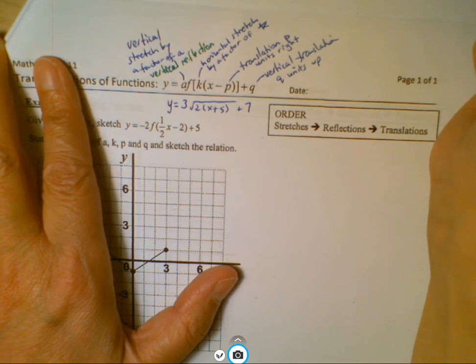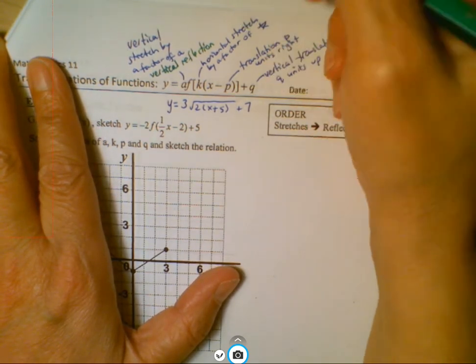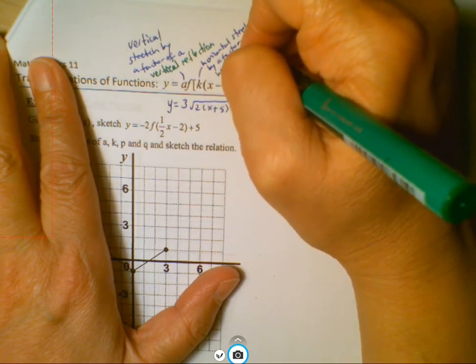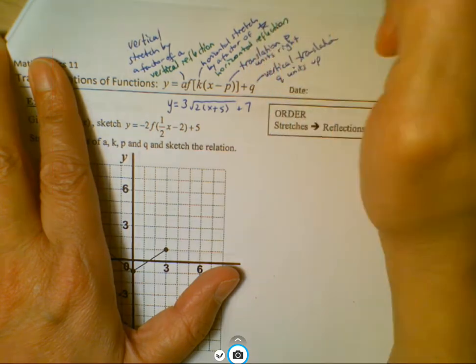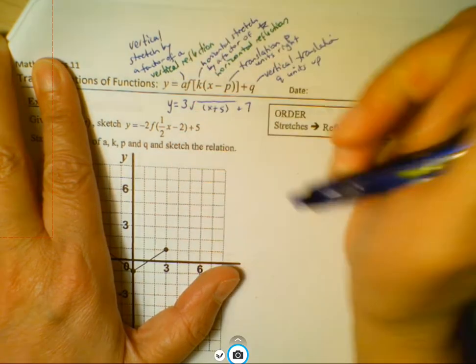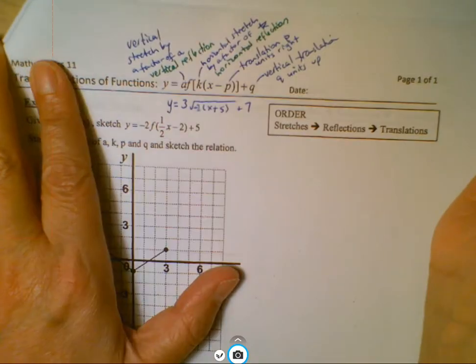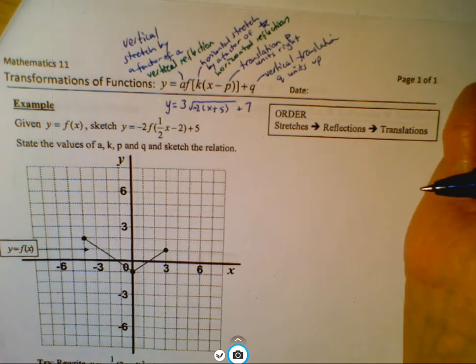So that was a little special. And the other thing that k tells us is whether there is a horizontal reflection. So let's say, for example, instead of 2, I had negative 2. Then that would be a horizontal reflection as well as a horizontal stretch by a factor of 1/2.